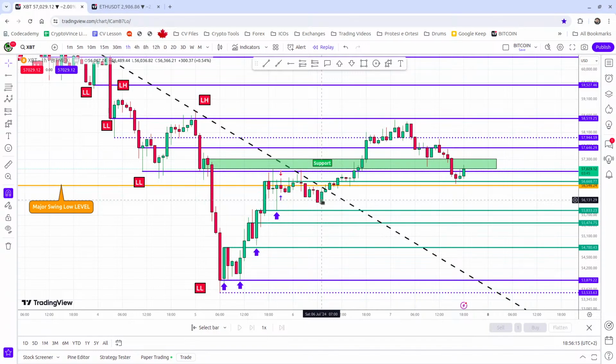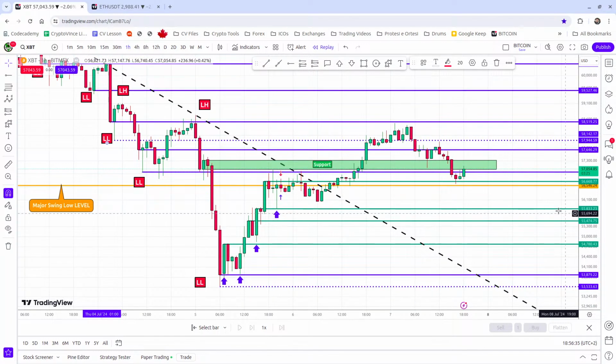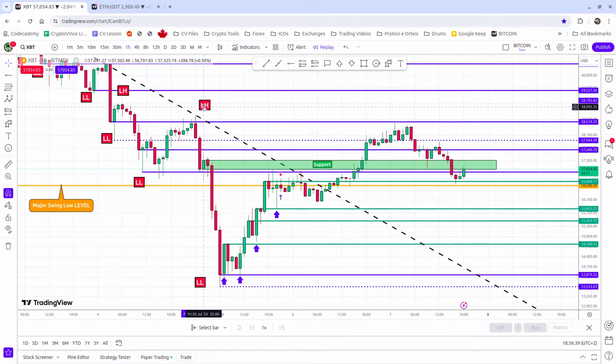So it was starting to do something, but this was the major level of resistance, even though the resistance lines made by the lower low are very important here. So in order to break the market structure, we needed to take out this high here, or lower high, however you want to call it.